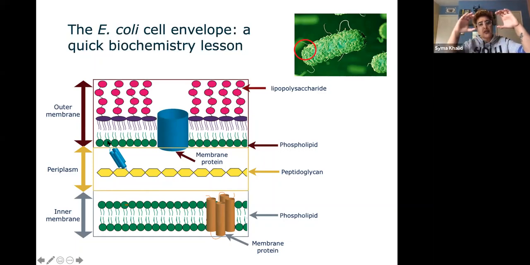Now, the outer membrane is enormously complex in that it's asymmetric in terms of its lipid composition. We all know that biological membranes have two layers, or two leaflets, of lipids. Well, in the outer membrane of gram-negative bacteria, we have a very complex molecule called lipopolysaccharide. It can have between four and six hydrocarbon tails.